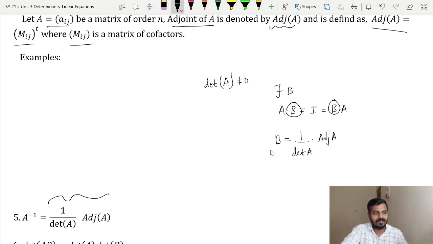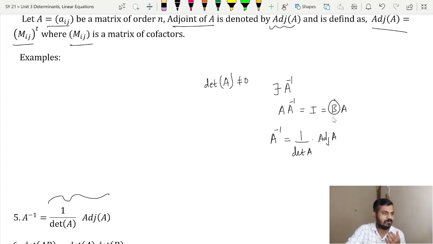This has been given a standard notation throughout the world, and that is nothing but A inverse, isn't it? Because it is the inverse of A, this notation is given. So instead of calling it B, the notation you will come across in most books is A inverse.